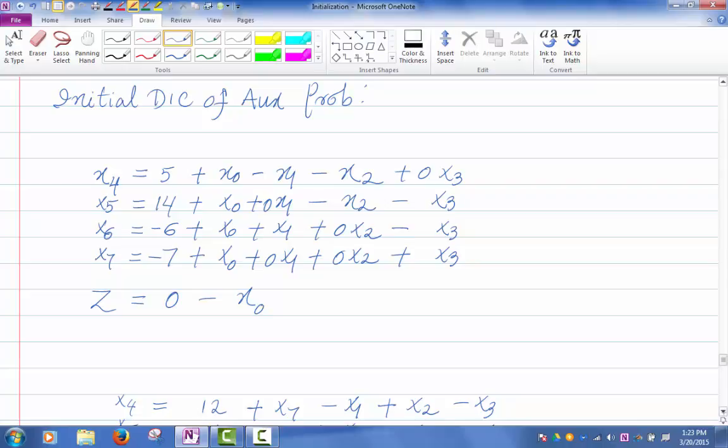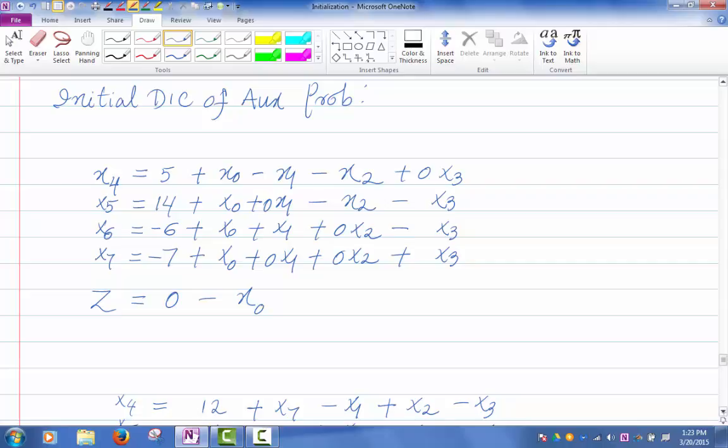The initial dictionary of the auxiliary problem will be like this, which is the same as the initial dictionary for the original problem, except that you have x0. Now the objective row would be 0 minus x0, right? Because the objective function is minus x0.